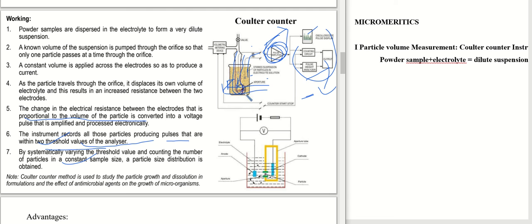Now especially this method is used to study the dissolution characteristics. How much amount of drug is being dissolved, and also we can determine the particle growth, because in some formulations crystal growth will be seen on long standing.